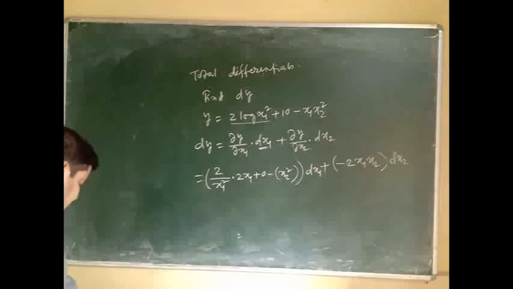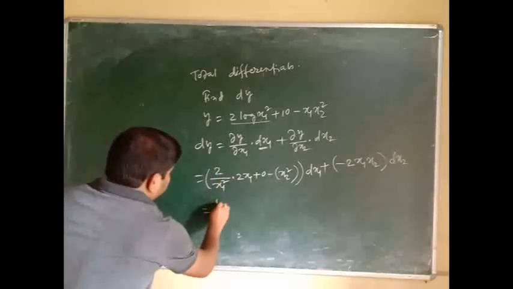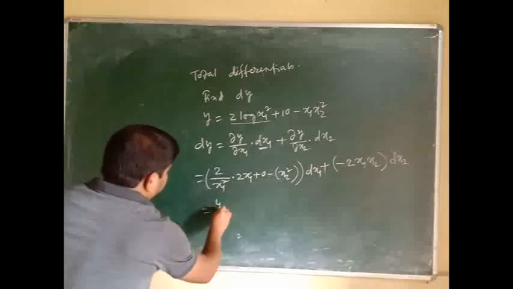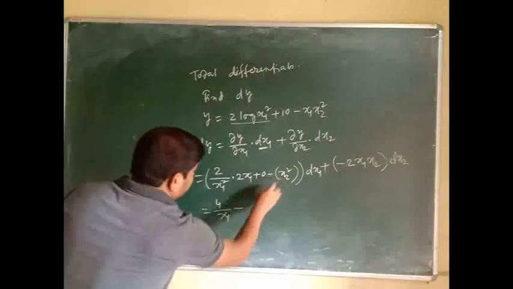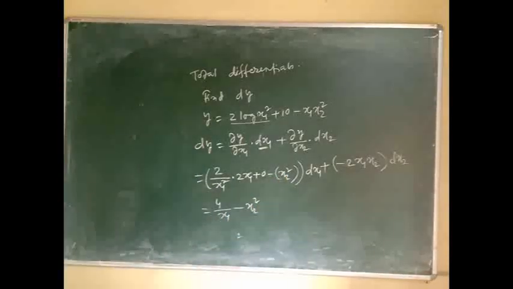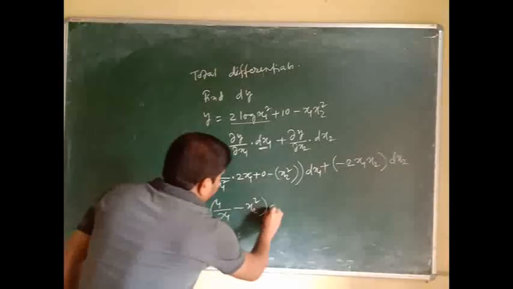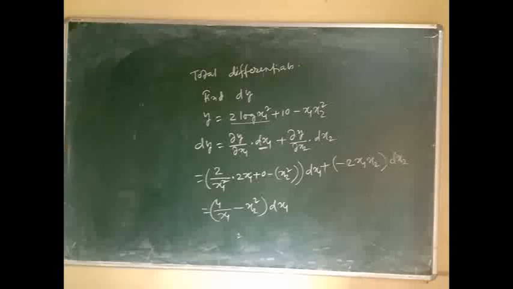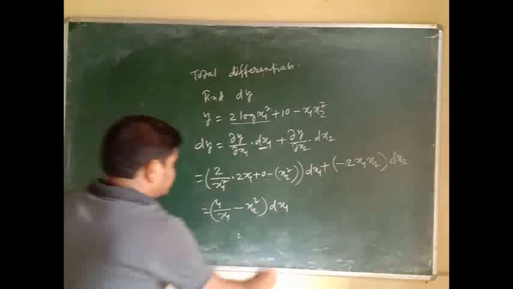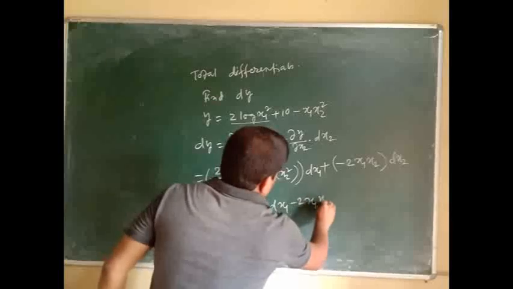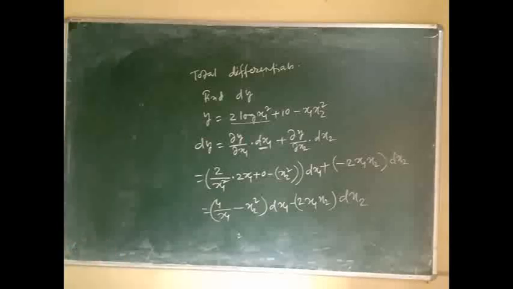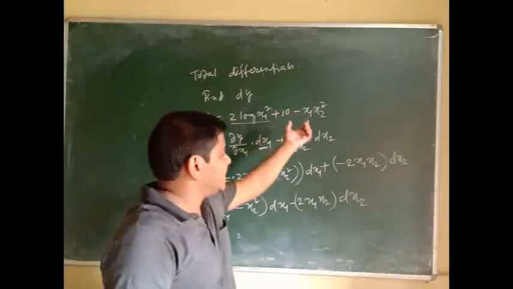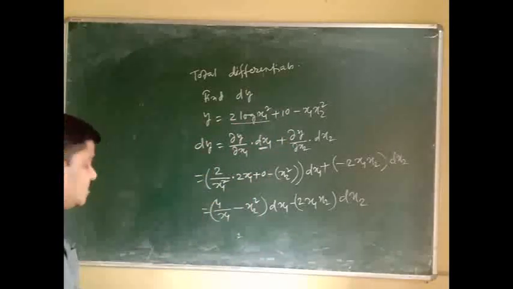So finally we have 4 by x1 minus x2 square into dx1, and then plus times minus will be minus, so minus 2x1 x2 into dx2. So that is your total differential, that is dy when it is simultaneously affected by x1 and x2. This is the process of getting the total differentials.